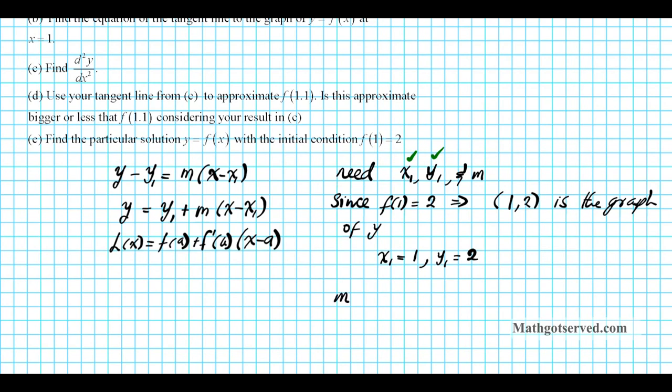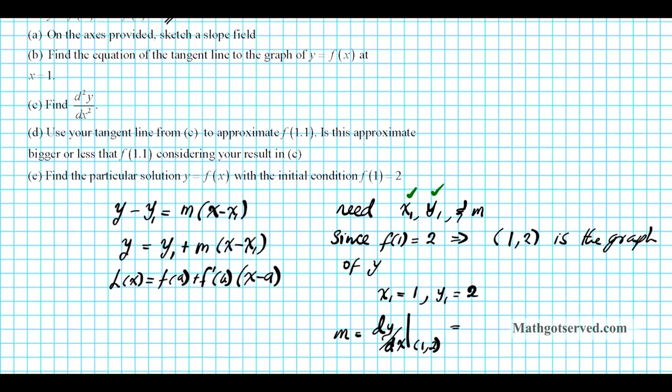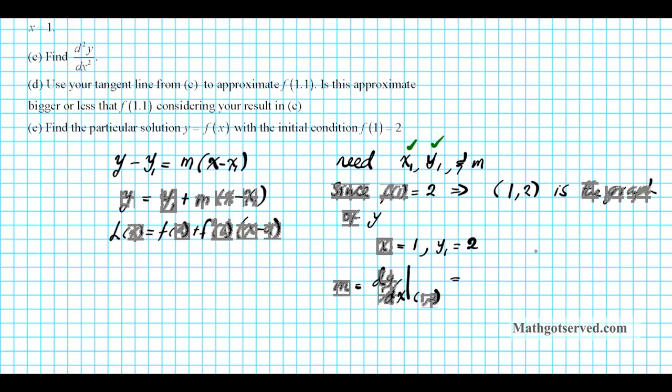m is basically the slope of the tangent line at that point, dy/dx at (1, 2). So all we do is evaluate the differential equation at (1, 2). We know that dy/dx is equal to (y plus 1) over x squared.